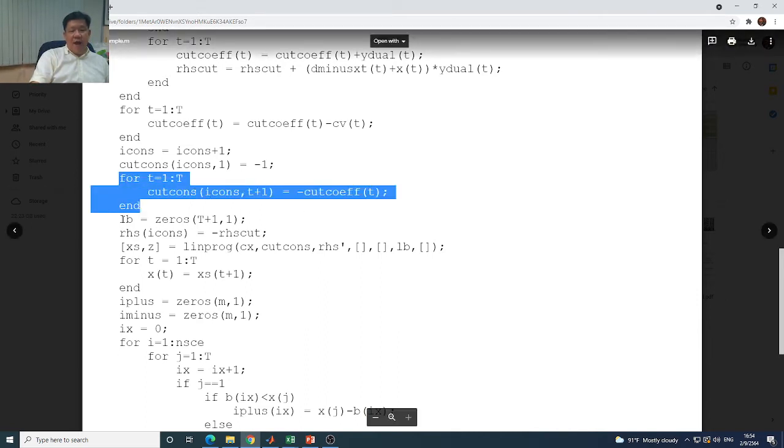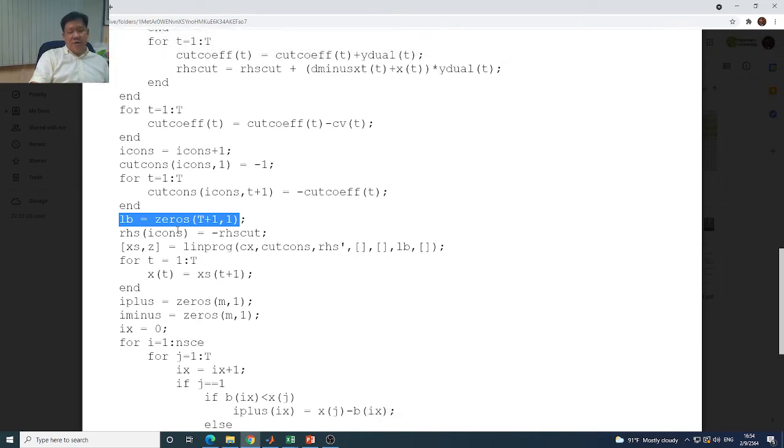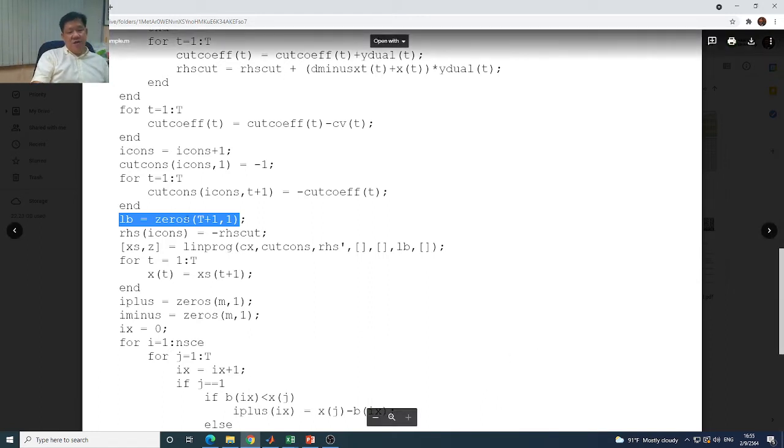And for the lower bound, in this case we don't have any restriction, so we set it up as greater than or equal to 0. You must be careful with the first variable. If you are working on a problem that can allow negative values, this is not the right setup.